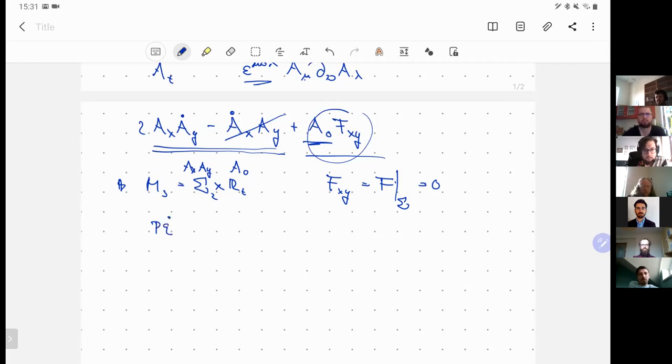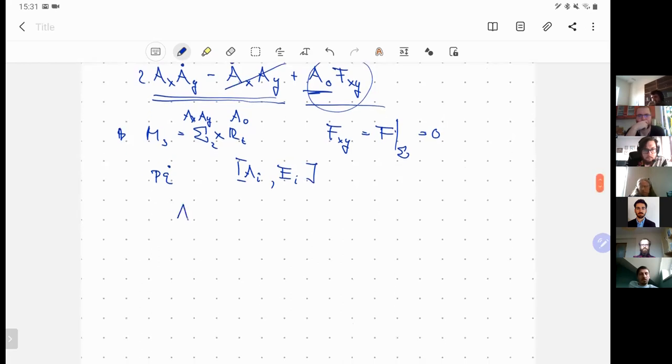So the quantization here is totally different. It's not that I have A_i's and E_i's and promote these to operators and enforce commutation relations for these. It would be commutation relations between these two fields, and that would be my quantization.